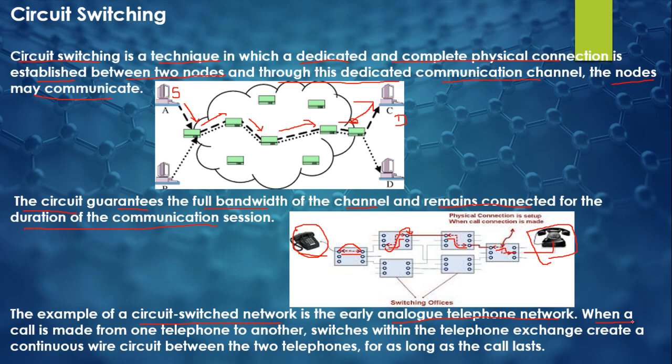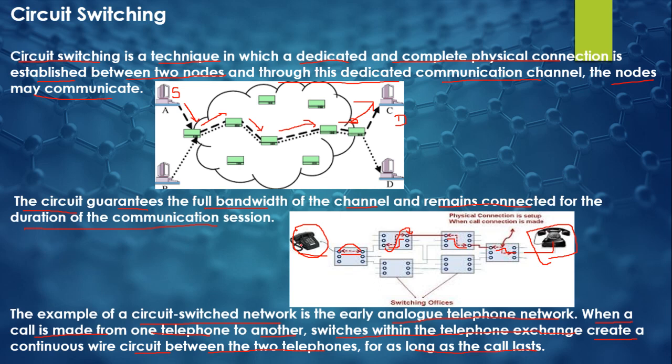All right, in this network, when a call is made from one telephone line to another, the switches within the telephone exchange create a continuous wire circuit between the two telephones as long as the call lasts.